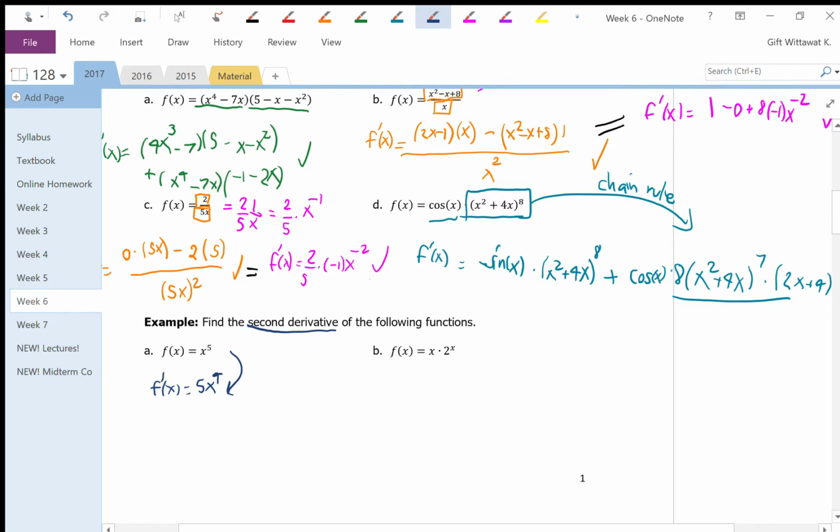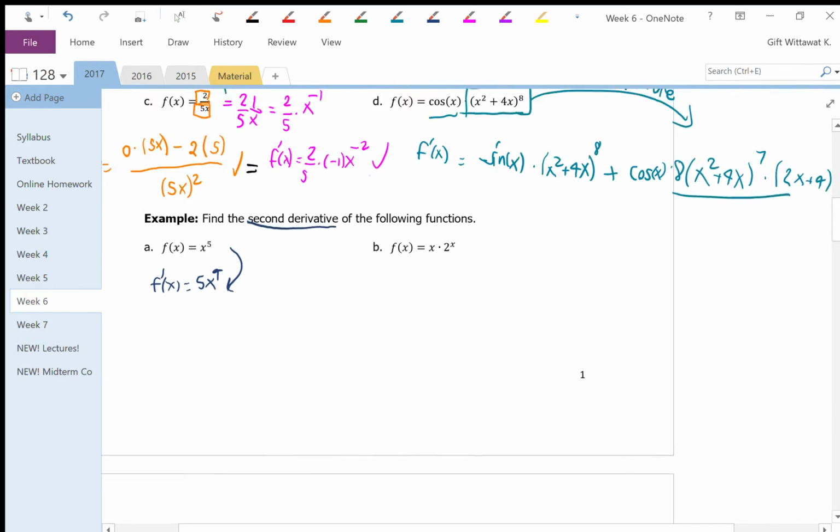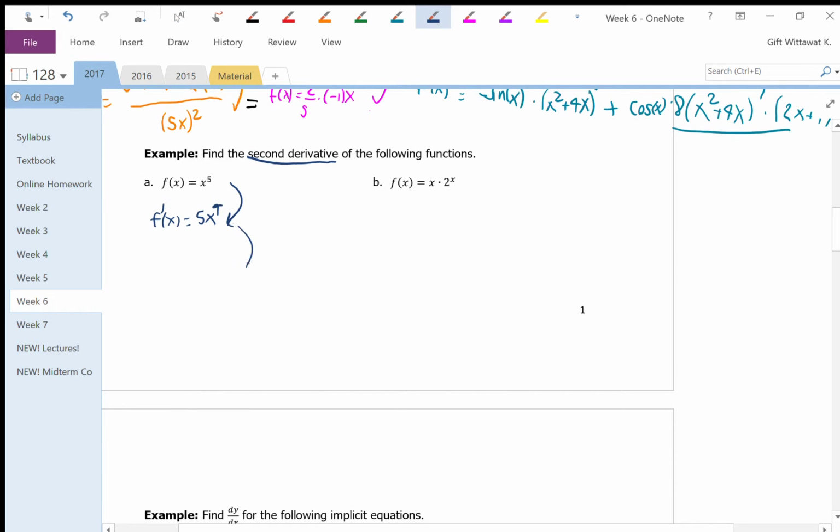So when you take the derivative the first time, you get f prime of x equal 5 times 4x to the 4th. If you find the derivative of this guy again, we will get what we call the second derivative. And second will basically come from finding the derivative twice. So that's going to be f double prime of x.